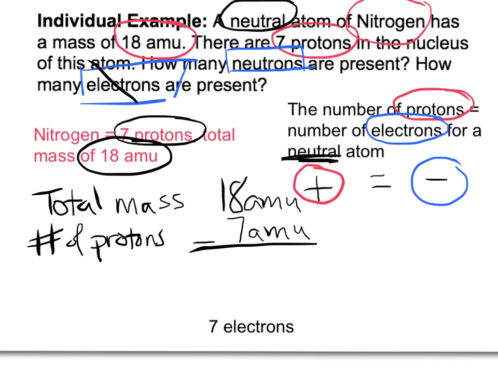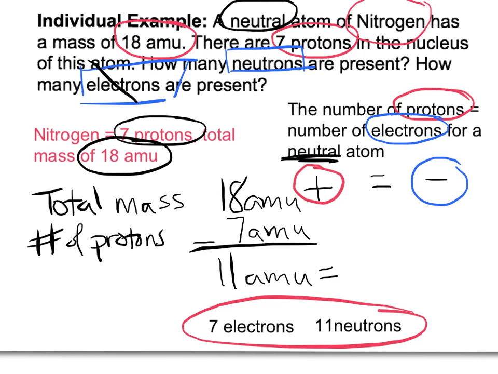And 18 minus 7 is 11 AMU, which means we have 11 neutrons. So that's the final answer: 7 electrons, 11 neutrons.